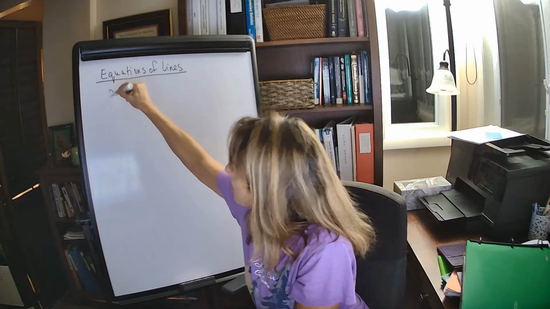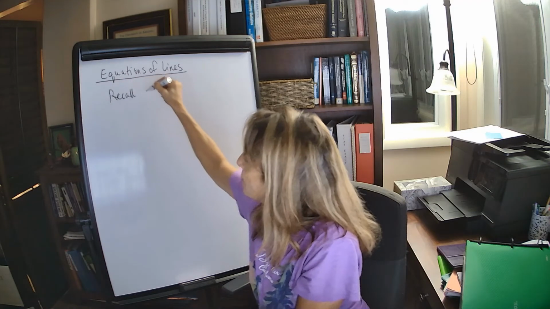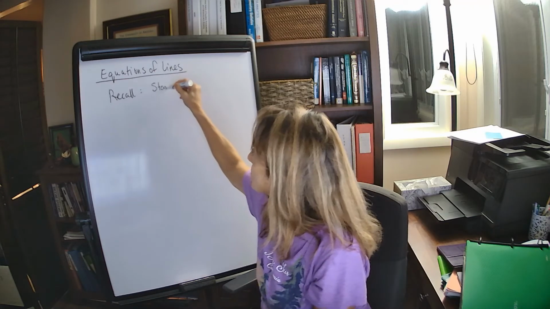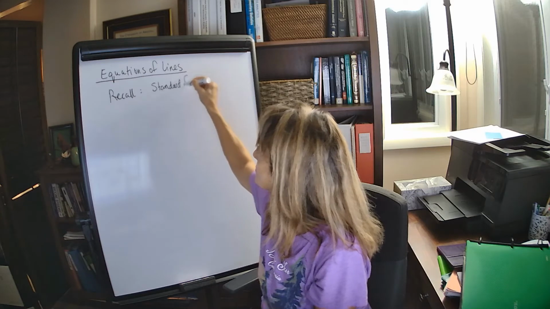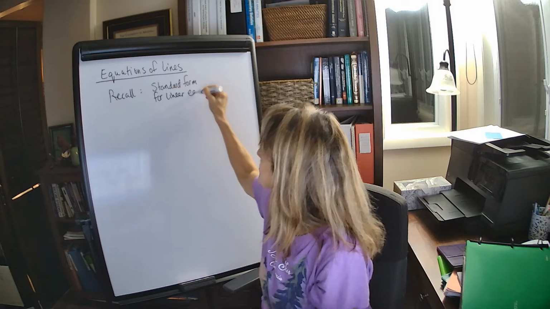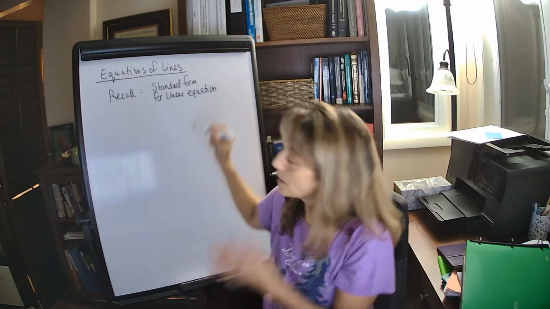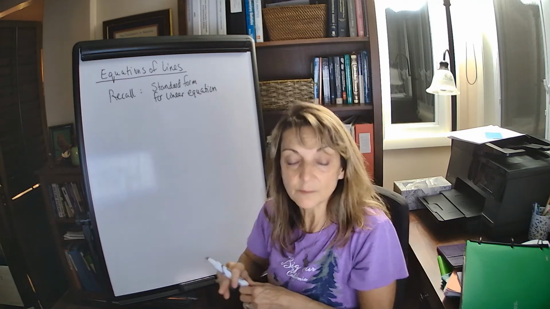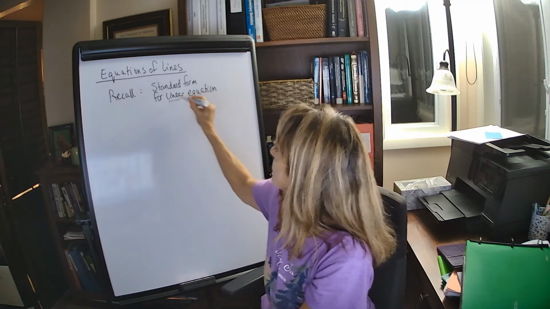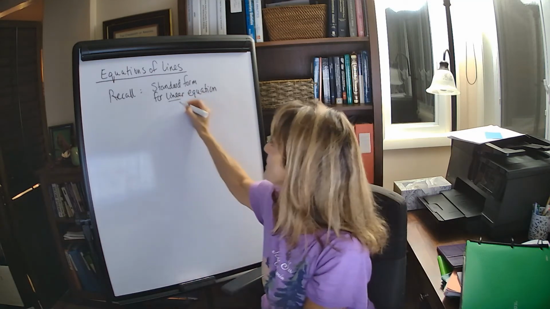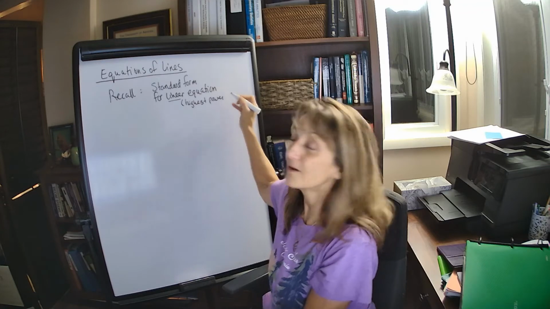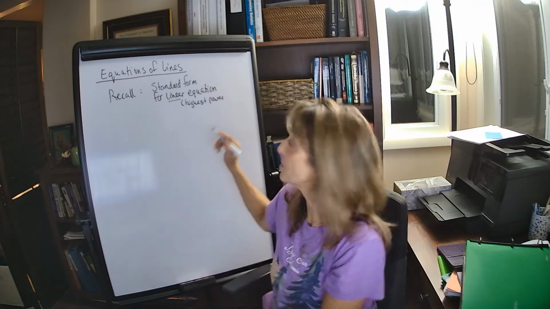So first of all, recall that we talked about a standard form for a linear equation. When we created it, we knew it was linear because the highest power is 1 on our x, or whatever the independent variable is.